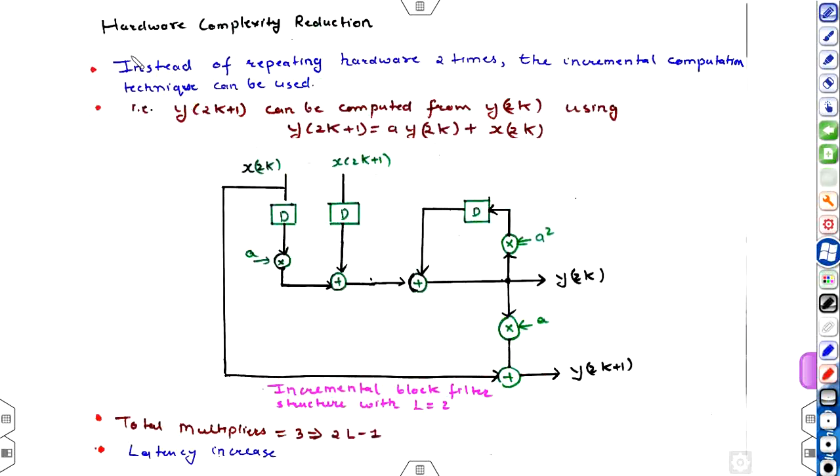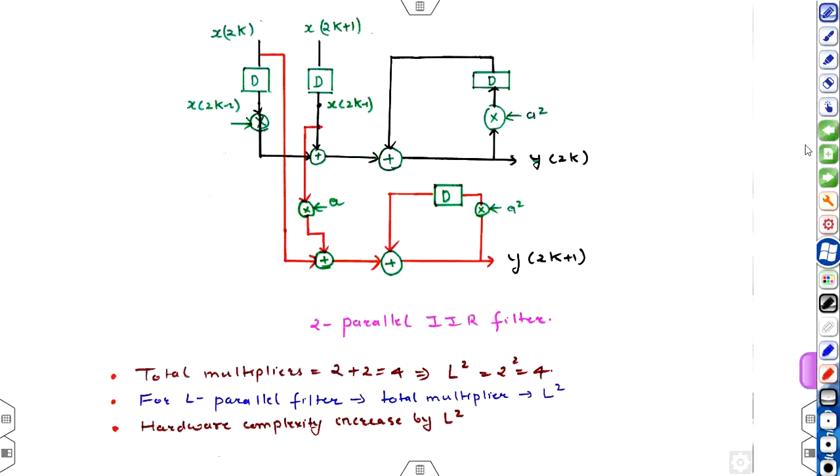So now to reduce the hardware complexity, that is, reduction in the number of multipliers being used. And why are we focusing especially on multipliers? Because compared to an adder, the multiplier takes a large amount of area and the computation time is also comparatively more. So that's why we are more focused on the multiplier part.